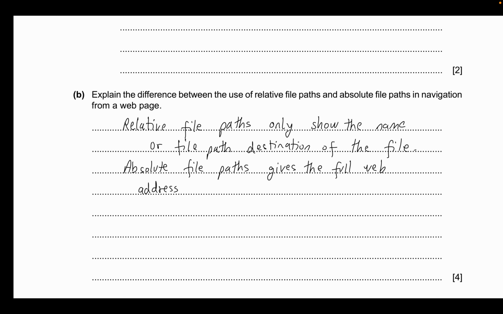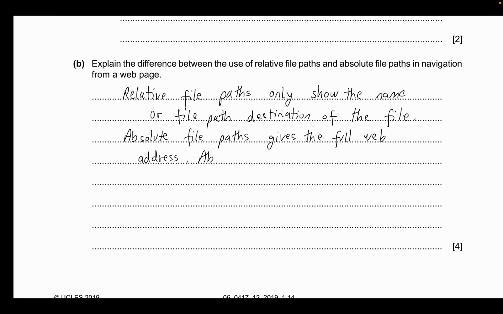You can mention that absolute always has the domain name, whereas relative does not need the domain name.